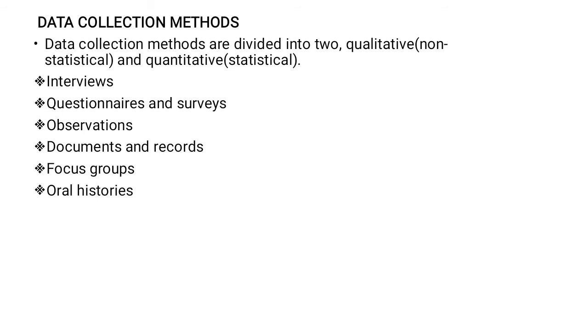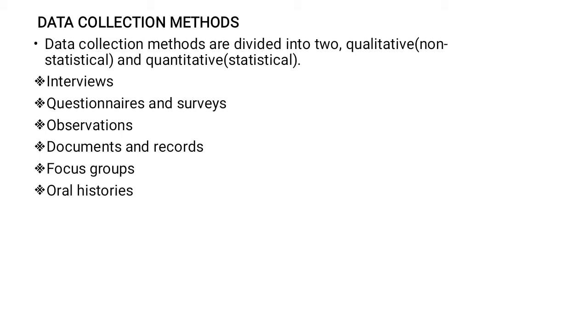Now we're going to look at various data collection methods that can be used. Data collection methods are divided into two: qualitative, which is non-statistical, and quantitative, which is statistical. Qualitative data collection methods aim at answering the why question, while quantitative aim at answering the how much question.